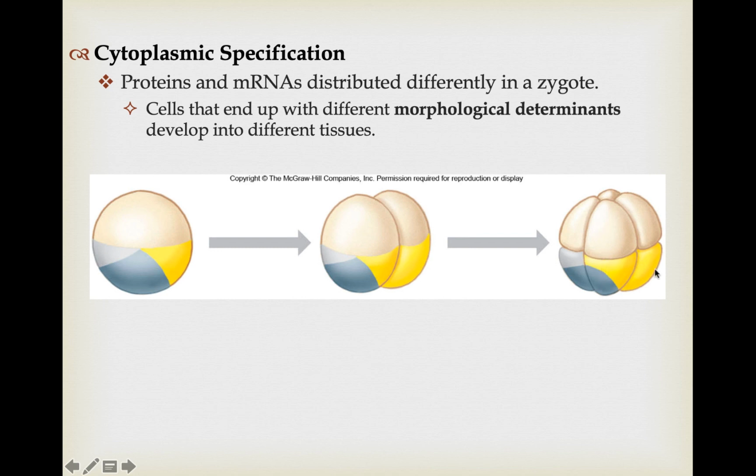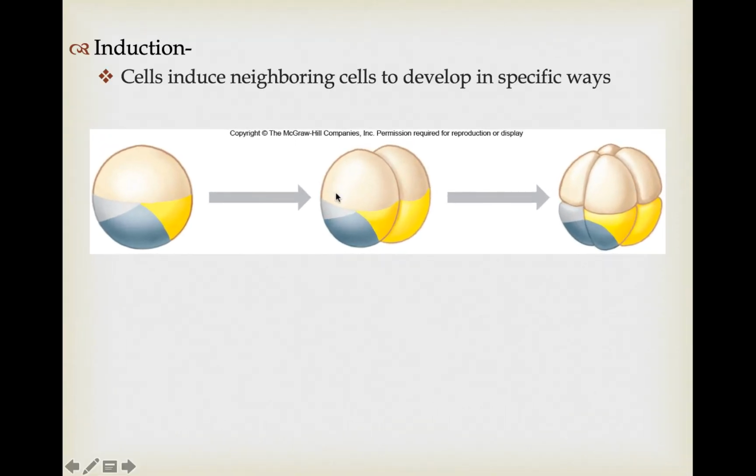These different chemicals that are found there are called morphological determinants. The morphological determinants indicated by the yellow here will cause those cells to become one type of tissue. The morphological determinants that are different colors are going to cause the formation of different tissues. But the cells, as they get their different morphological determinants, can communicate with each other and also induce different patterns of gene expression.